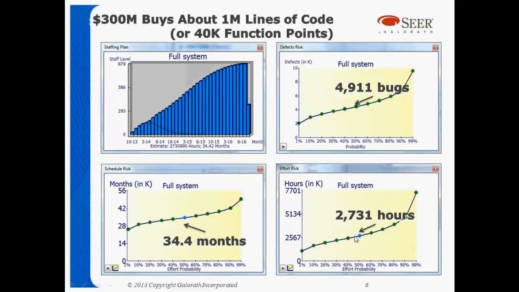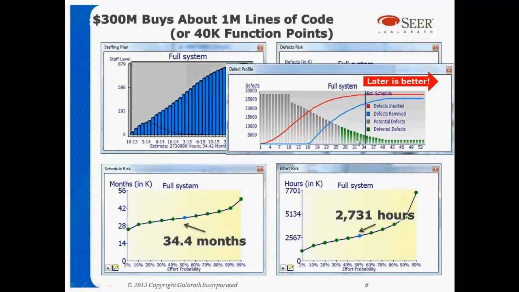However, there's a risk distribution on these, so that's the 50%. If you really want to deliver a high-stakes, reliable system, you're going to go up in those probabilities, taking you more time, more people, and of course reducing the number of bugs you have as you take more time.